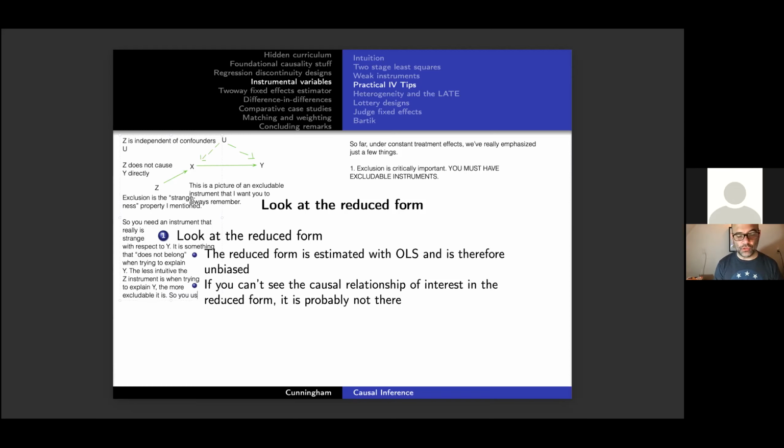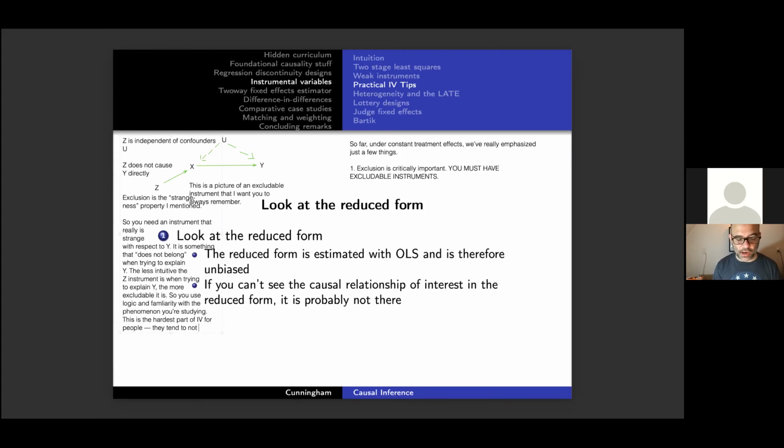So you use logic and familiarity with the phenomenon you're studying. This is the hardest part of IV for people.